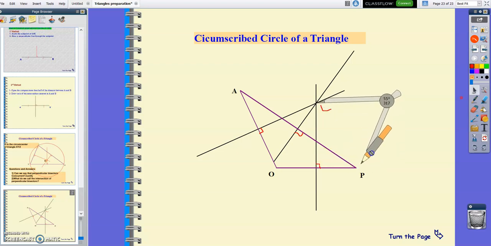Okay, so the second point on P, for example, exactly. And as we explained, the circle should meet all the vertices of the triangle.